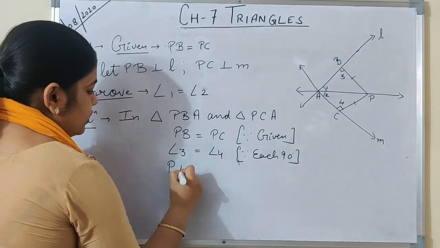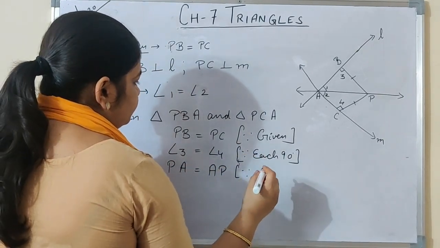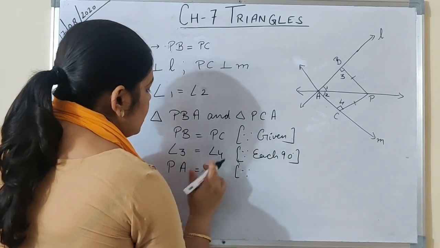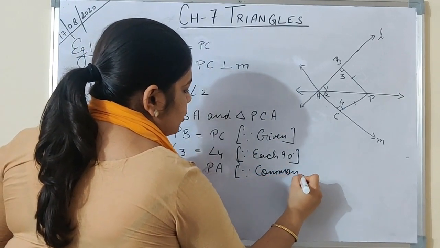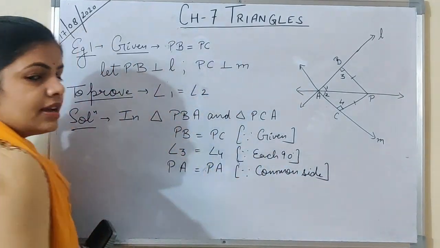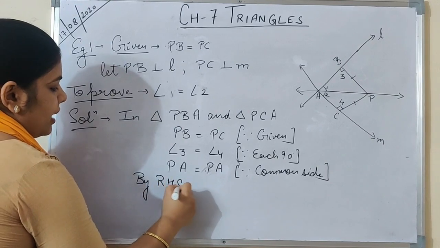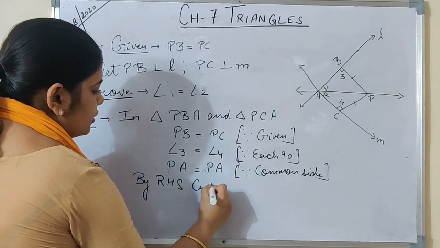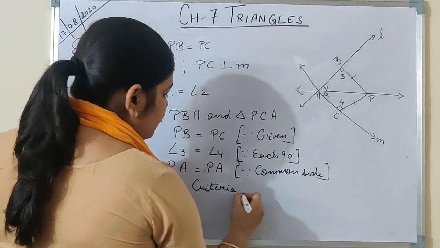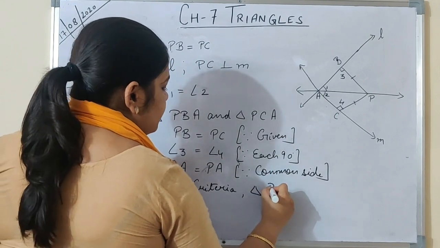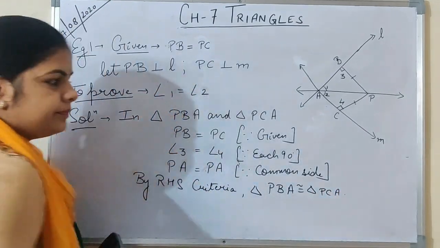So, we can write that PA is equal to PA because of the common side. By which property will they be equal? By the RHS criteria, by the RHS congruency rule, we can say that triangle PBA is congruent to triangle PCA.